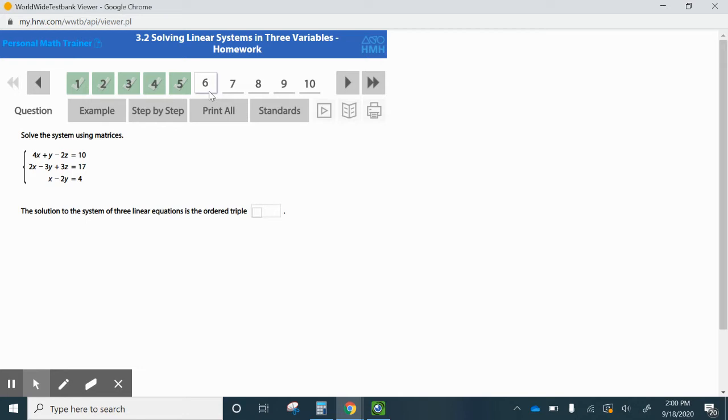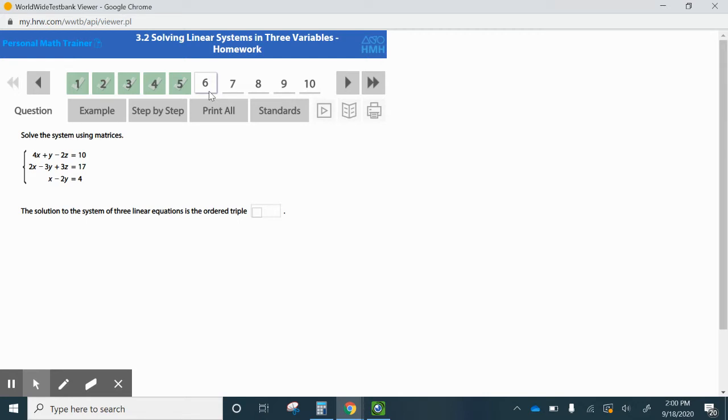So I'm going to write that down. 4x plus y minus 2z equals 10. 2x minus 3y plus 3z equals 17. And then x minus 2y equals 4. Okay?